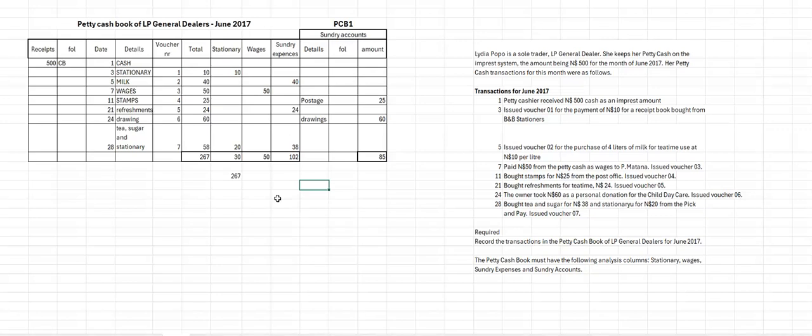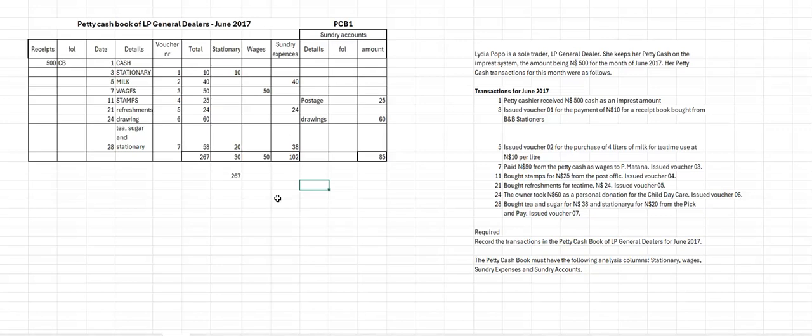Now we need to close off the account. So in the next line, you make an entry for the amount received from the cash book, so it's restored to the imprest amount. Remember, imprest, we've learned, is the beginning of month balance for the cash book. Whatever the cash book needs to come back to that imprest amount, that is the amount we need to do.